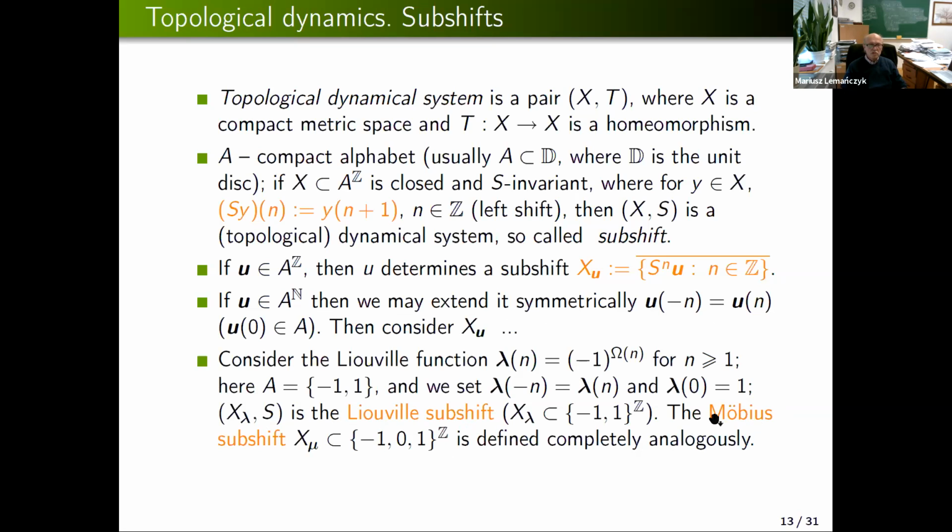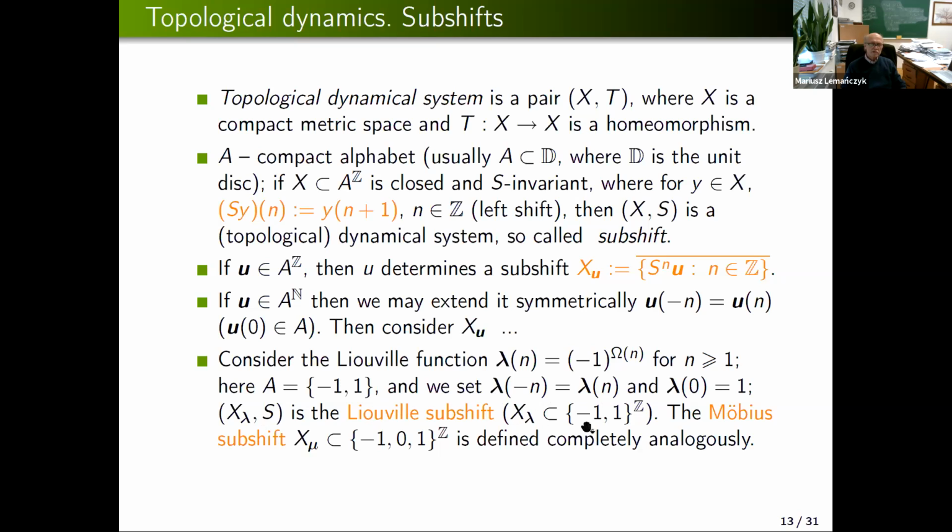So if we agree with that, then we can speak about the Liouville subshift, or we can speak about the Mobius subshift. So for example, the Liouville function was defined as (-1) to the number of prime factors counted with multiplicities. So it's -1, 1. Then we symmetrize it, and we take the closure of the orbit of this point, lambda.